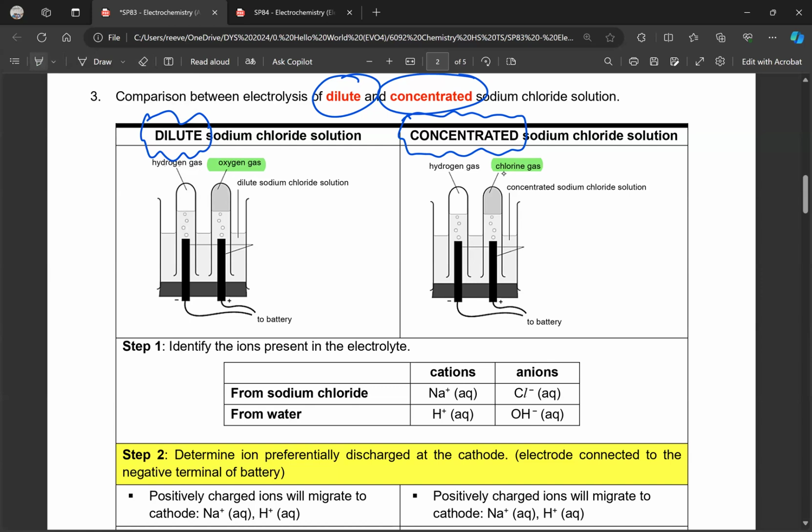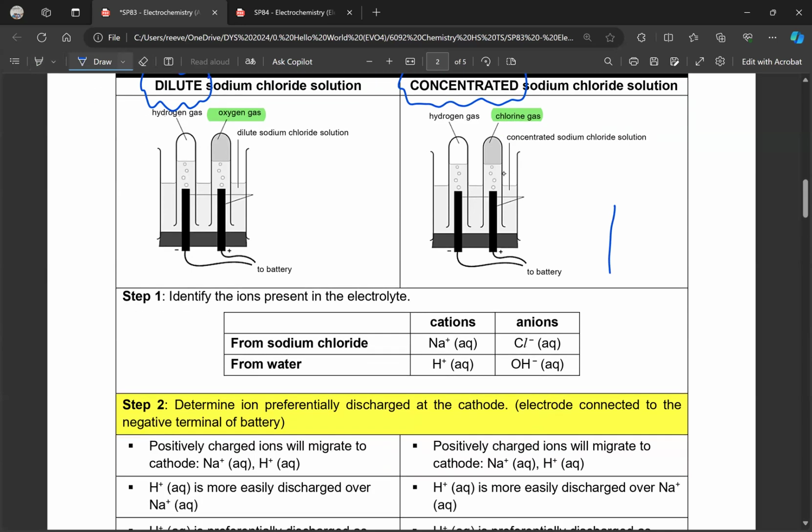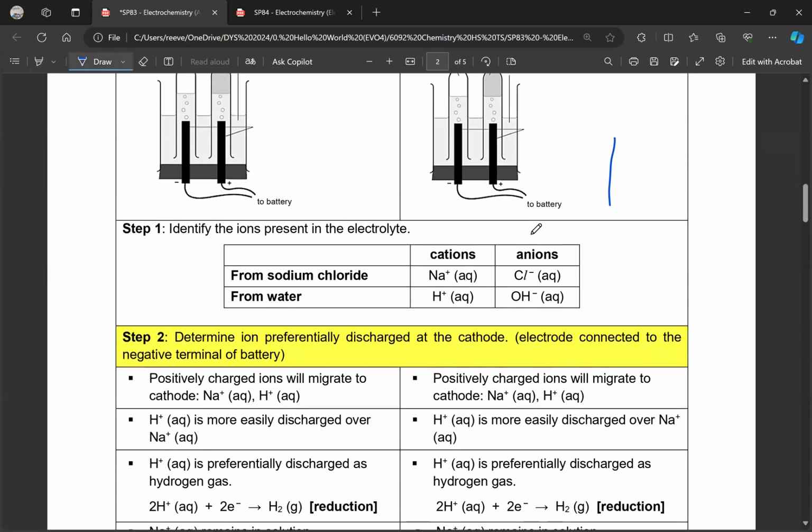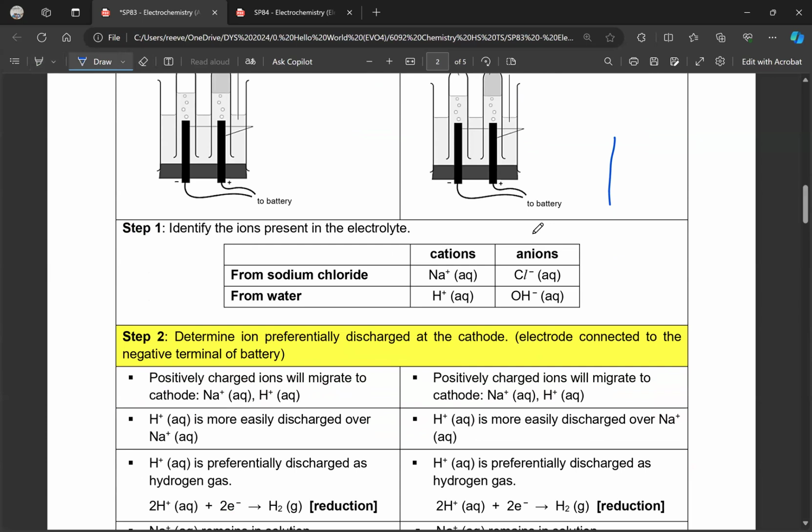Okay, so over here, for sodium chloride, let's look at the dilute first. But before we even begin step one, it's always a good habit to ask yourself, what are the ions present? Because this is an aqueous solution, I will have two cations and two anions.